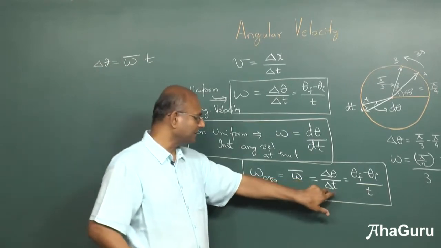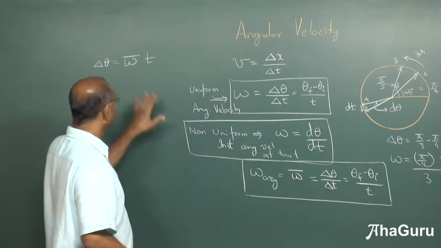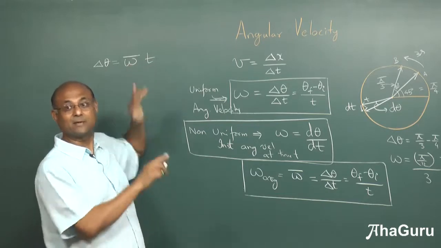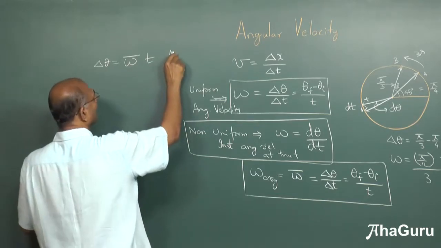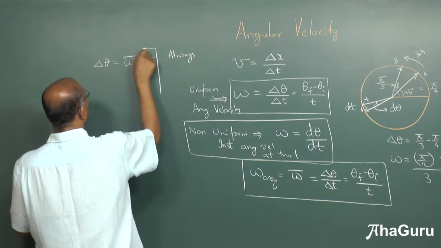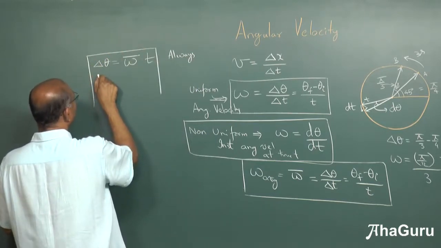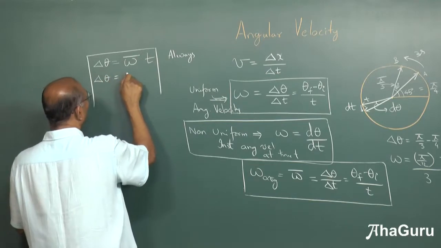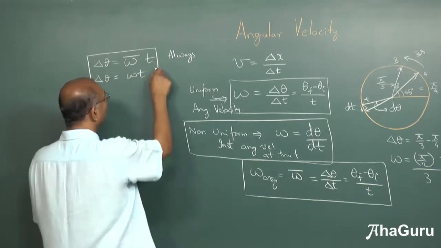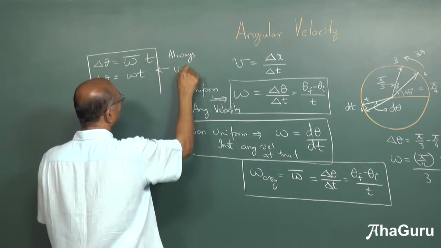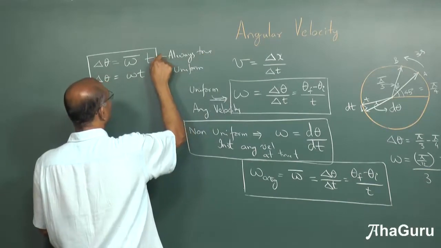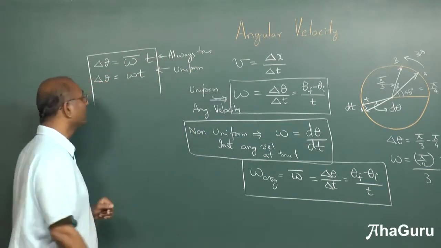I am now rewriting this delta t as t. So average angular velocity into time gives you the angular displacement always. Okay, so this is something that is always true. But if you look at omega into t, this is not always true. This is only true for uniform. That is always true. This is only true if it is uniform.